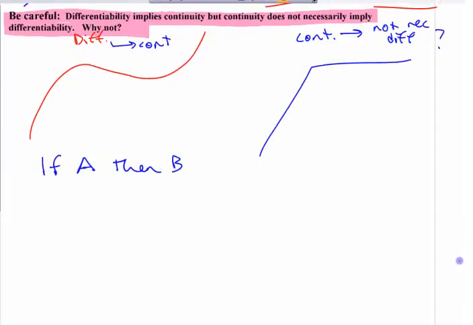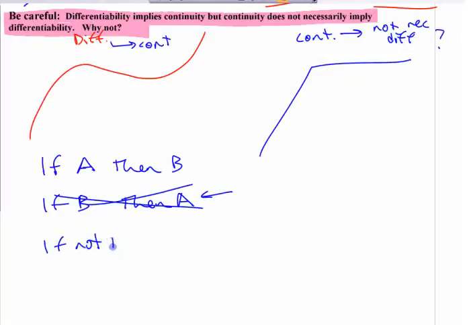There's something called the converse of that: if B is true, then A is true. That's called the converse of this statement. That's not true in this case. But there's also something called the contrapositive. If not B, then not A. Is that true?